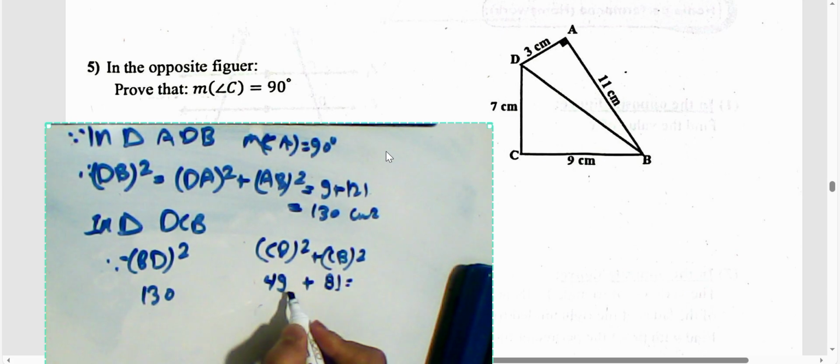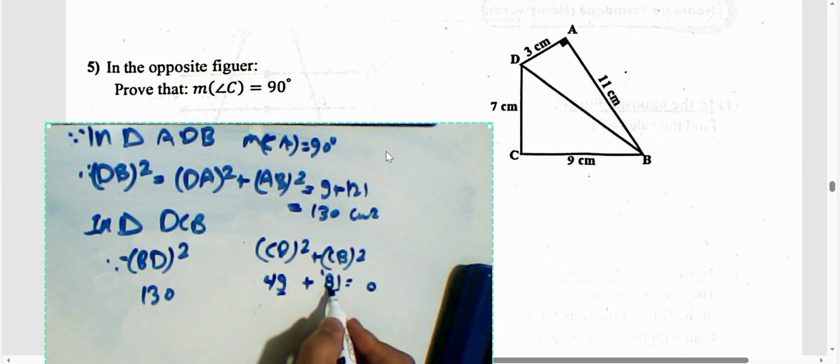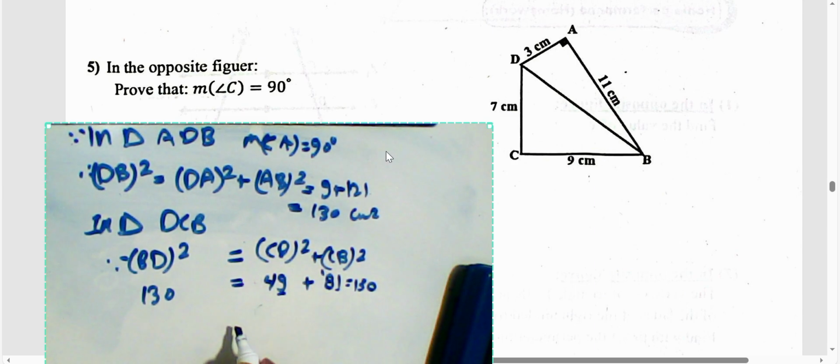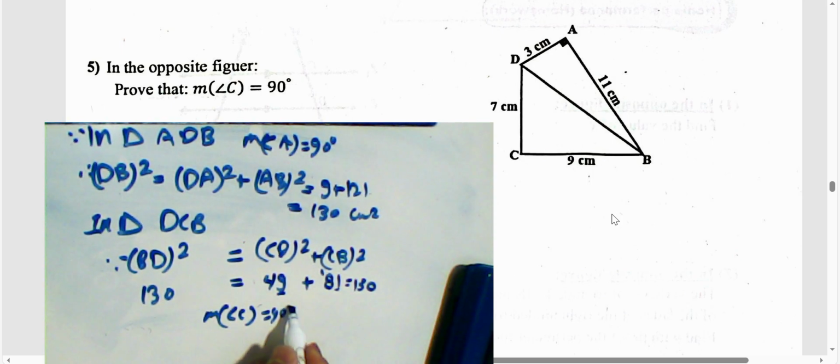The sum of them is 130. They are equivalent. Then this triangle will be a right angle triangle. Okay, then triangle ACB is a right angle triangle, or you can write that the measure of angle C equals 90 degrees.